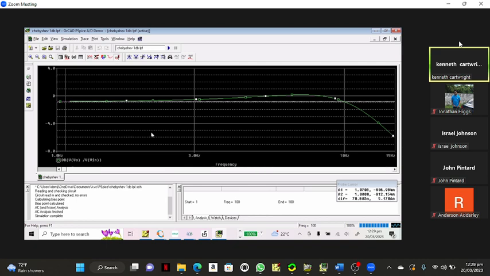So right here, the ripple is 0.806. All right, 0.806. So we go up here and we look for 0.806. Let me put that there.